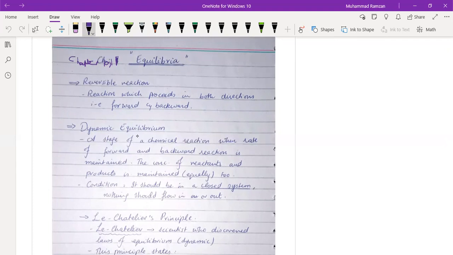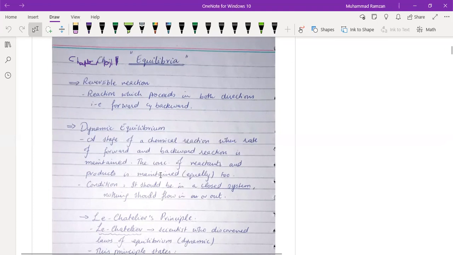Dynamic equilibrium: a stage of a chemical reaction when the rate of forward and backward reaction is maintained.